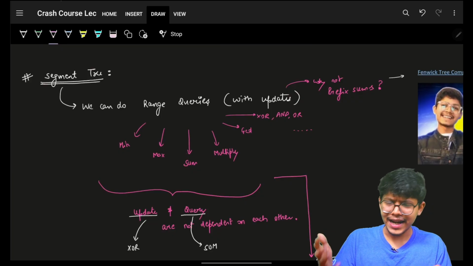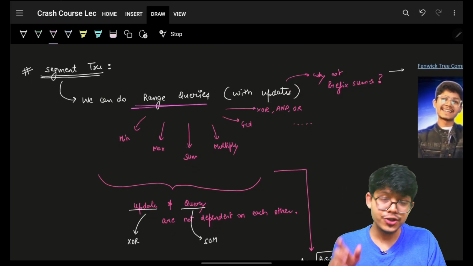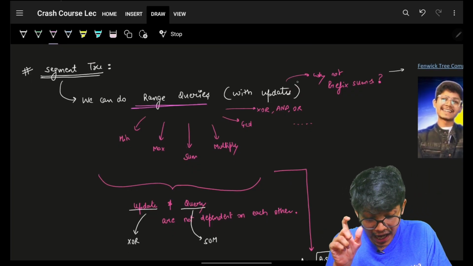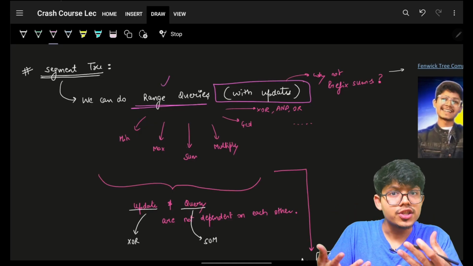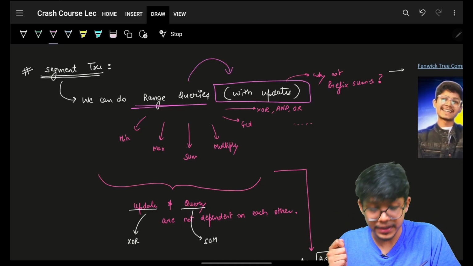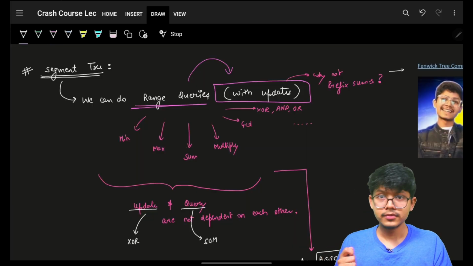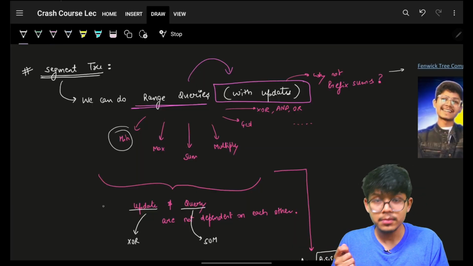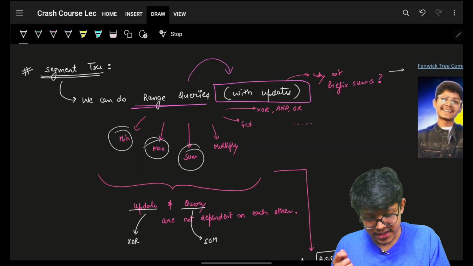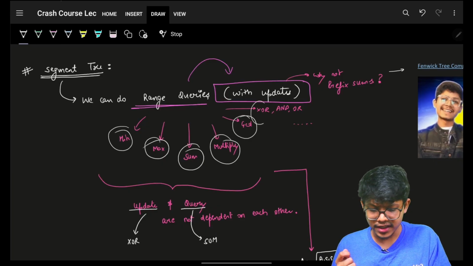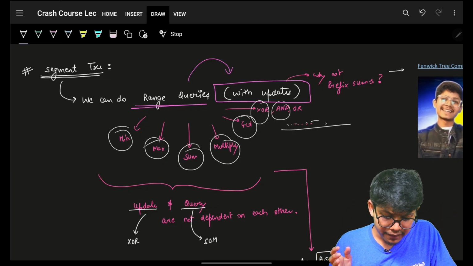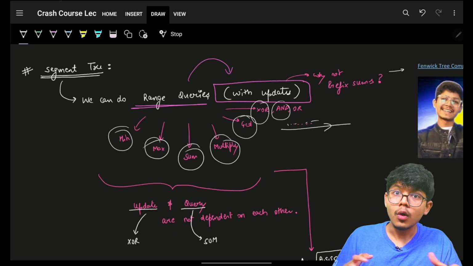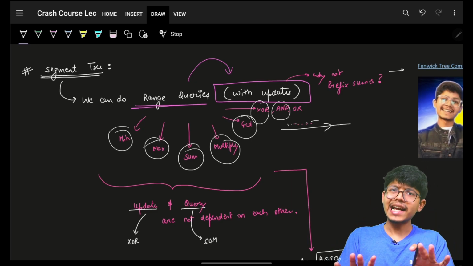As we have already had the spoiler, we can do range queries. The star mark is that although range queries can be done by many data structures, here it is with updates. Range query as in, I can find the range minimum, range maximum, range sum, range multiply, range GCD, range XOR, and it goes on. But okay, Aryan, where will it go on? Up till how far? What operation can I apply? No worries, I'll go into it later on.